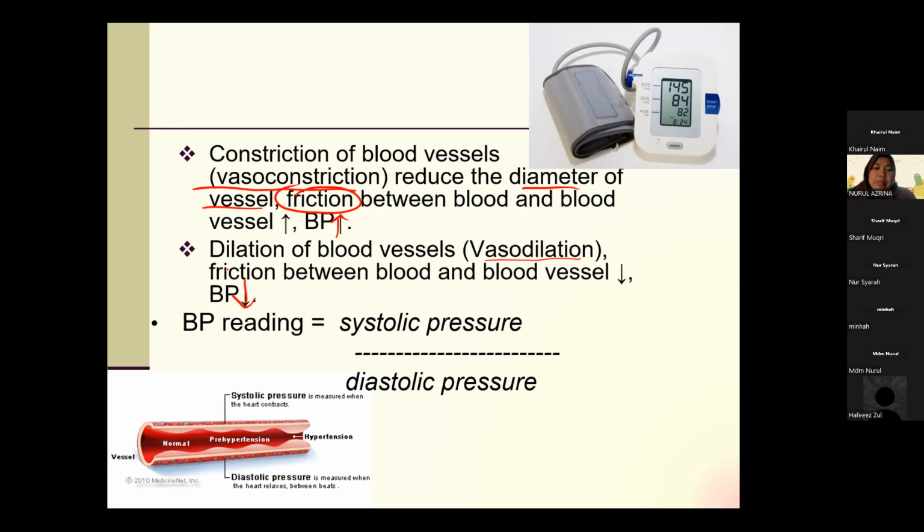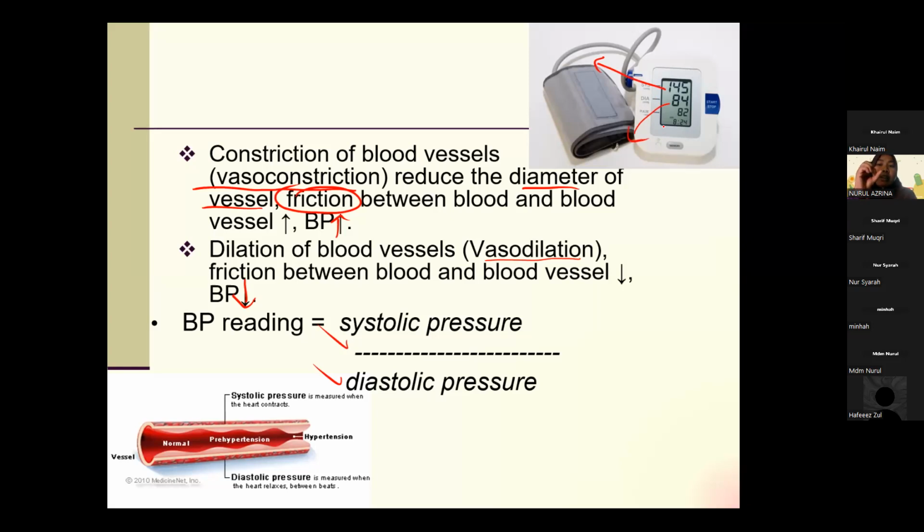Okay, so the BP reading, thus blood pressure reading, is given as systolic pressure and diastolic pressure. So bacaan yang atas ni systolic pressure, yang bawah ni ialah diastolic pressure. Maknanya apa? 145 tu is bacaan of blood pressure when your blood vessel is undergo vasoconstriction.